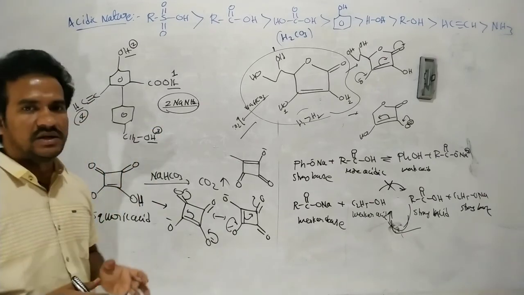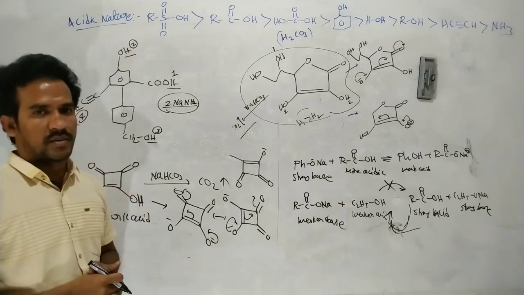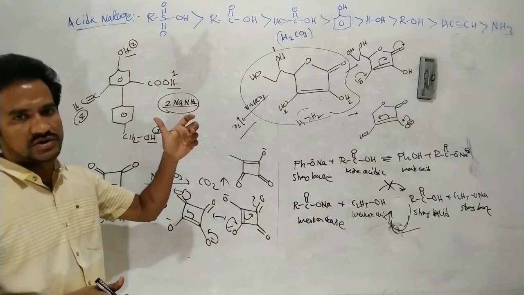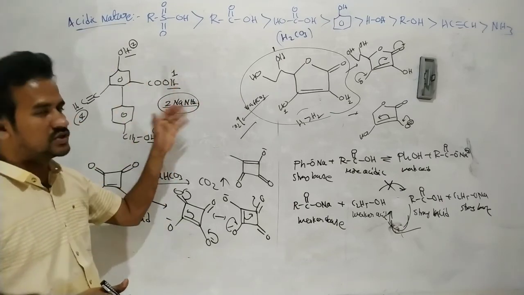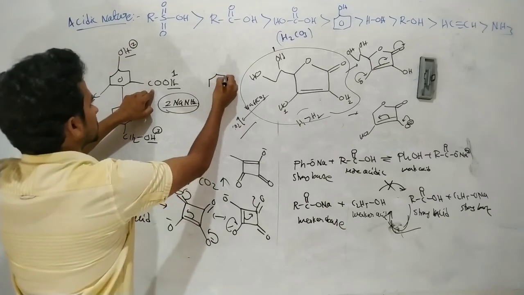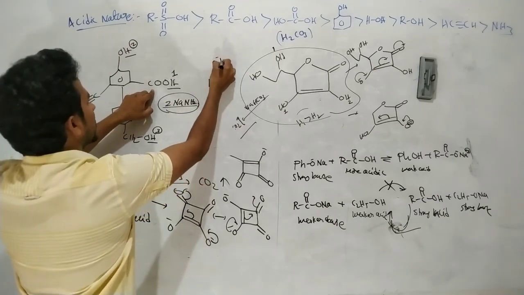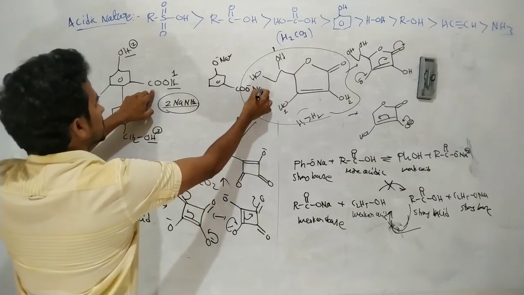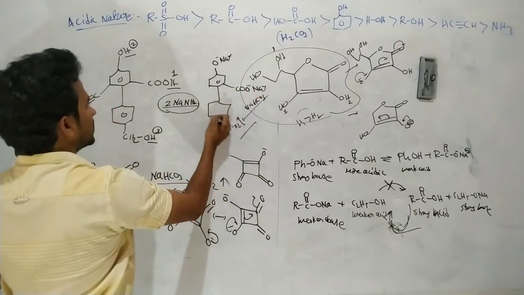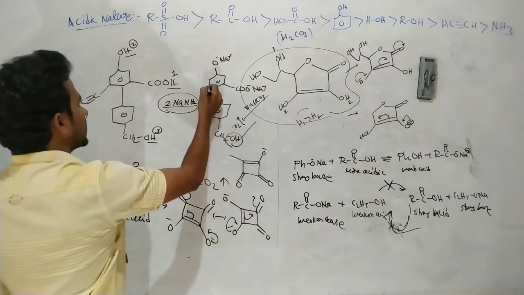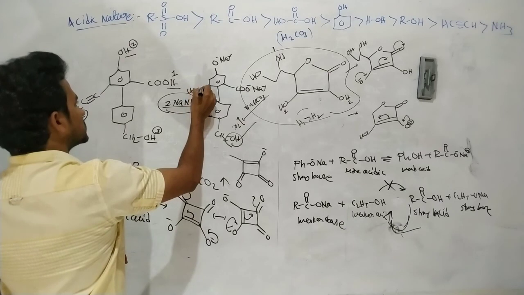By adding limited equivalents of sodium amide or any base, the more active hydrogens respond to the base. So finally we get the product like this: O minus Na plus, then COO minus Na plus, and the CH2OH remains the same, and this group also remains the same.